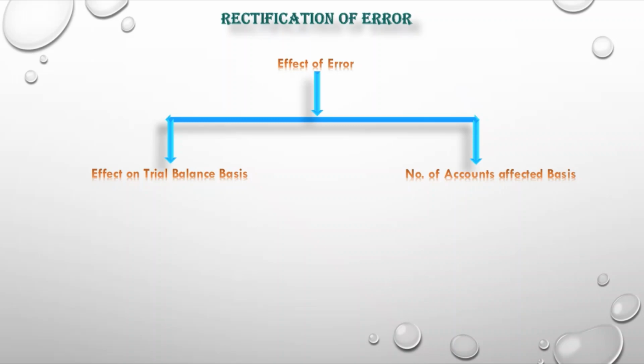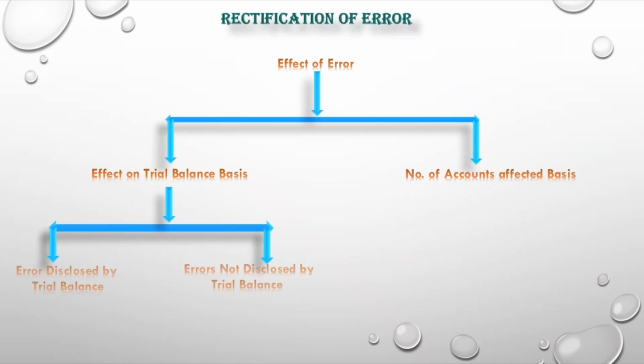So on trial balance basis, there are two kinds: one, errors that are disclosed by the trial balance, and second, errors that are not disclosed by the trial balance. I have discussed these errors in the previous slide.